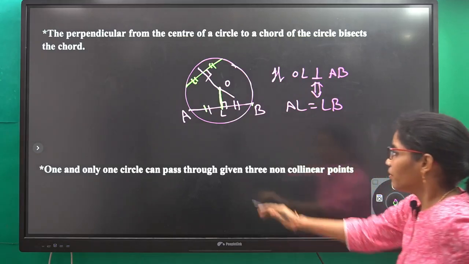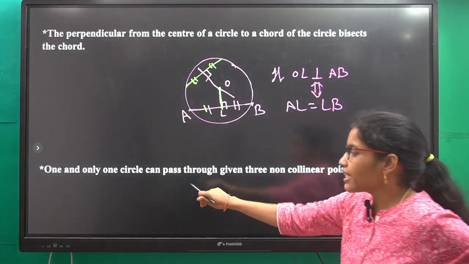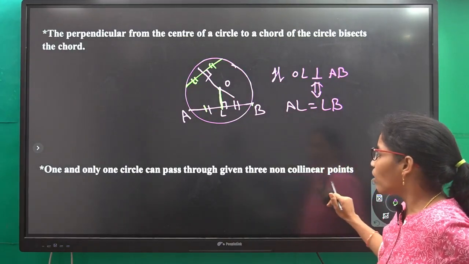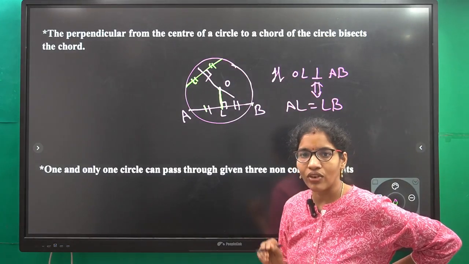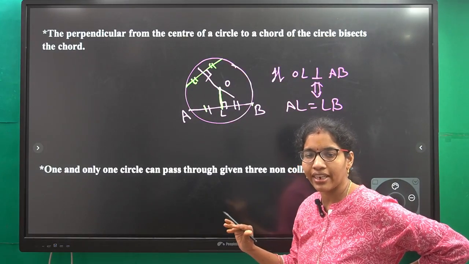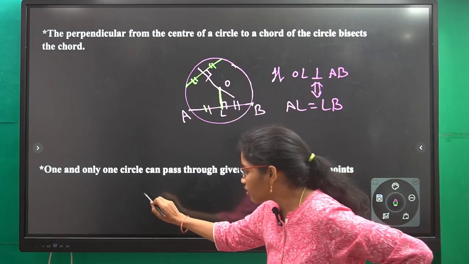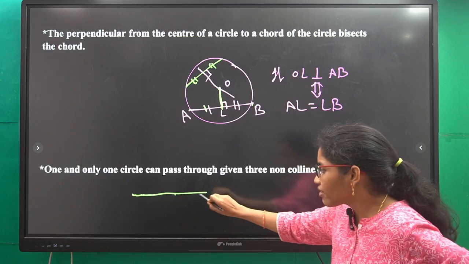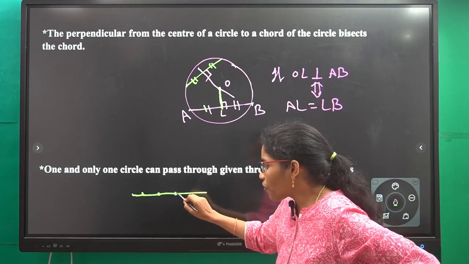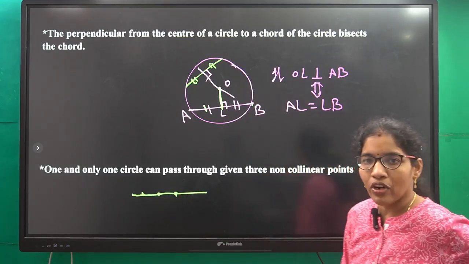Clear? Okay. One and only one circle can pass through the given three non-collinear points. What does it mean? Already I told you last class what is meant by collinear and non-collinear, right? What is meant by collinear points? If three or more points lie on the same line, then those points are called collinear points.